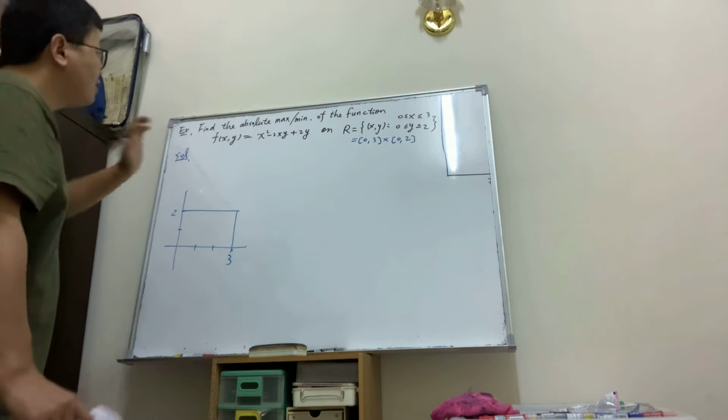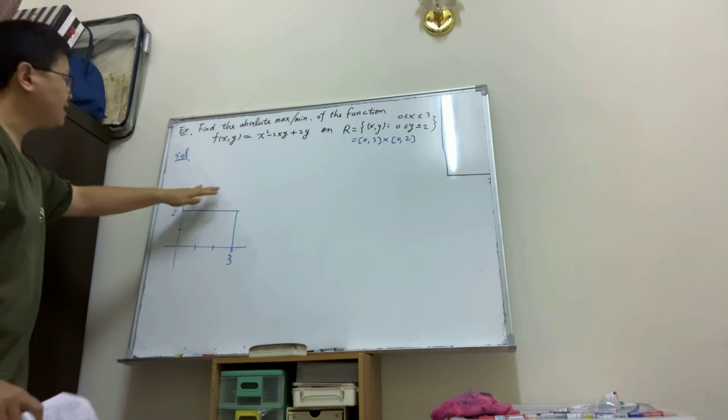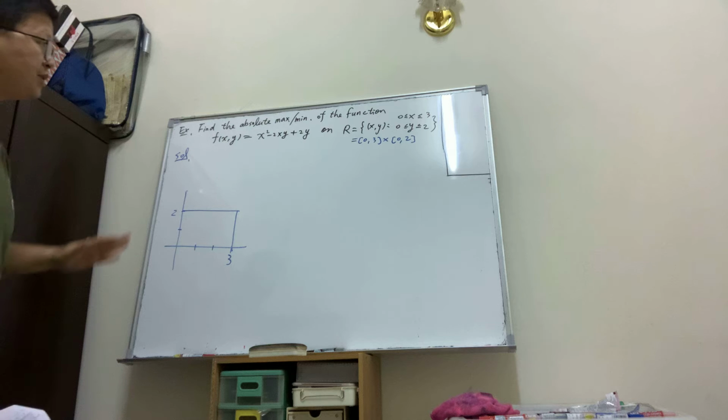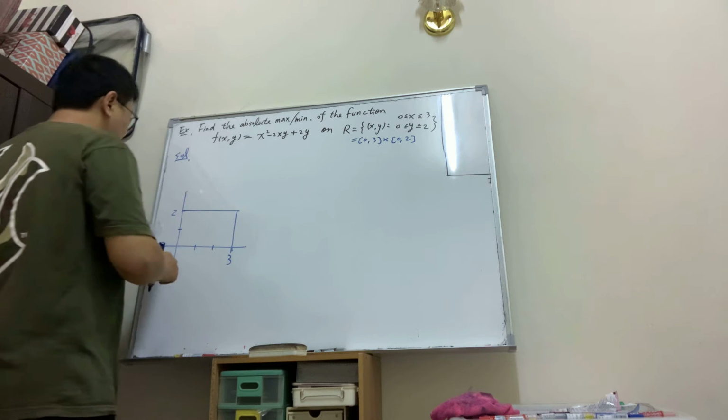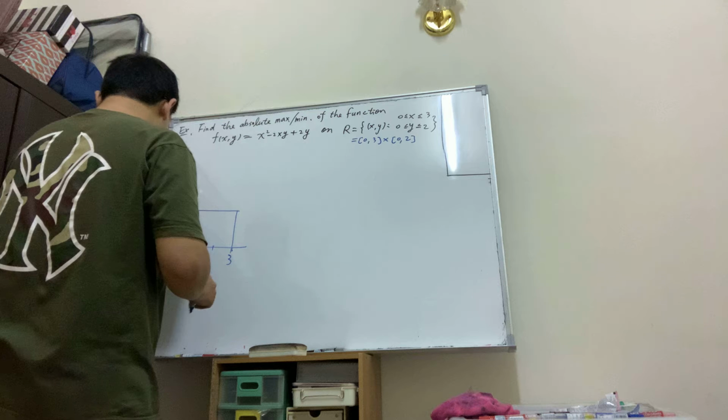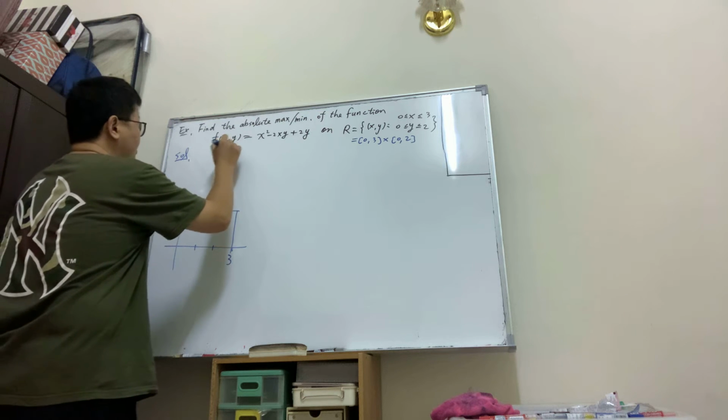Okay. So first of all, we should consider its partial derivative. That's why we say in chapter 11, for almost all questions, first of all, you should consider its partial derivative.